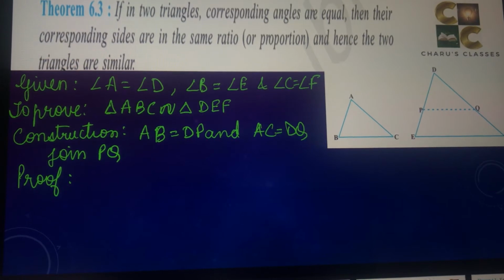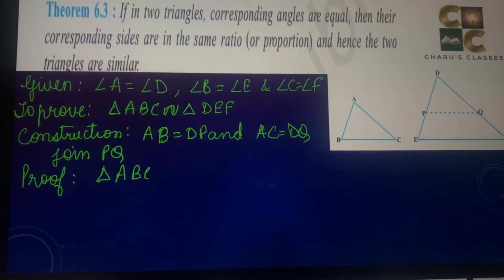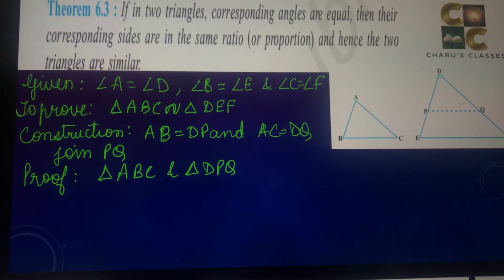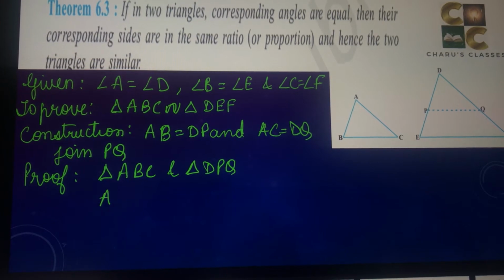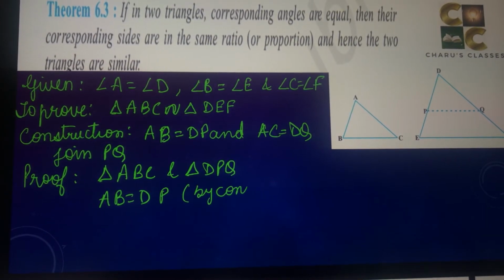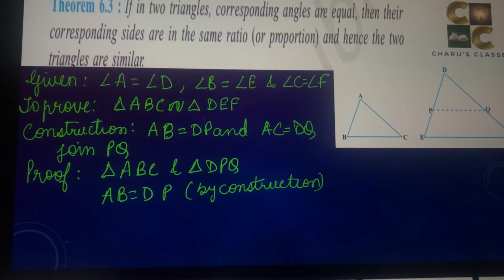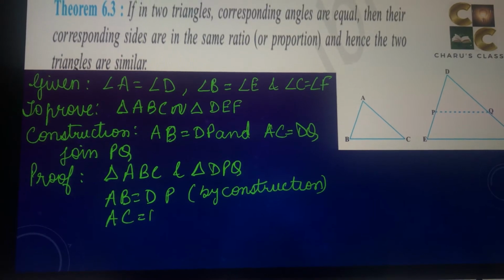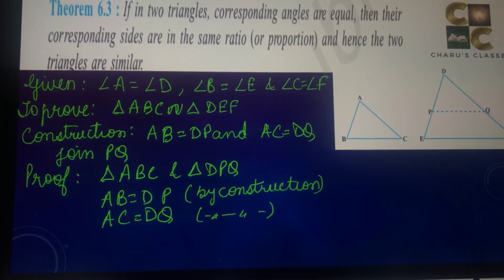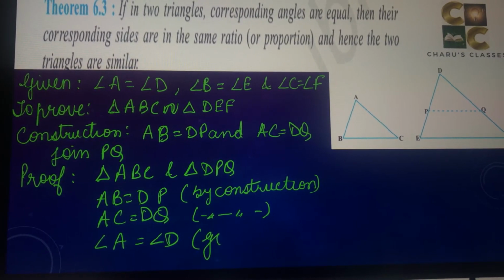Now first we'll begin with triangle ABC and triangle DPQ. In these two triangles, AB is equal to DP by construction, and we also have AC equal to DQ again by construction, and angle A is equal to angle D, which is given to us.